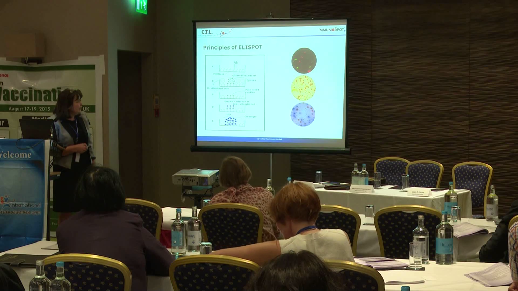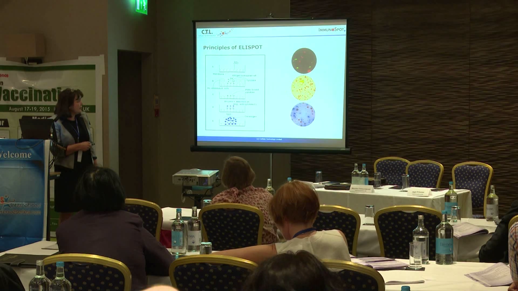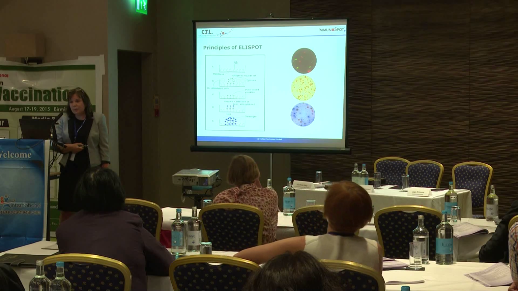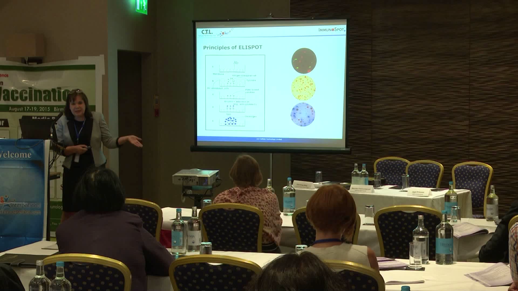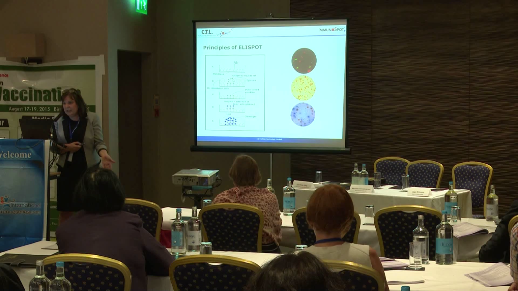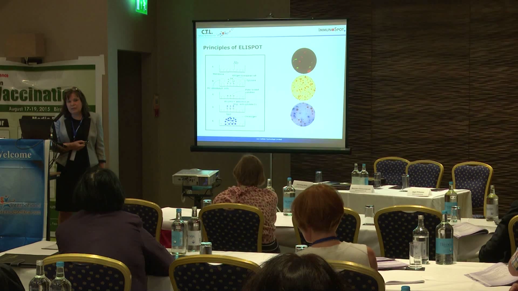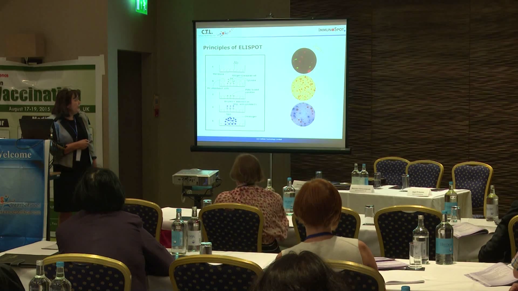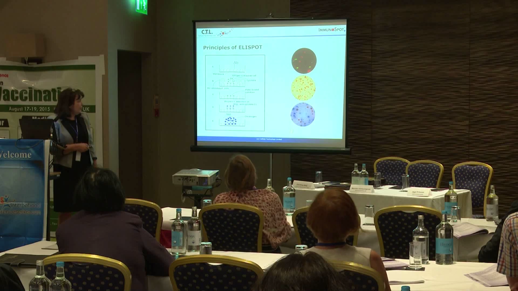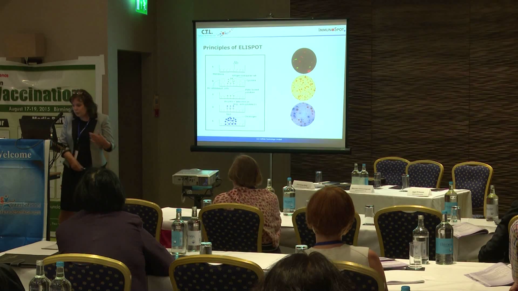So you clearly can count the dots, and that represents the frequency of responses in, say, if you plate 1 million cells, 1 out of 1 million, or if you plate 300 to 400,000 cells, then 1 out of 400. Assays like that. Examples will be shown to you throughout.